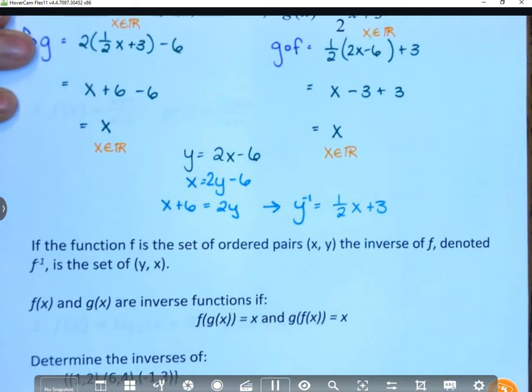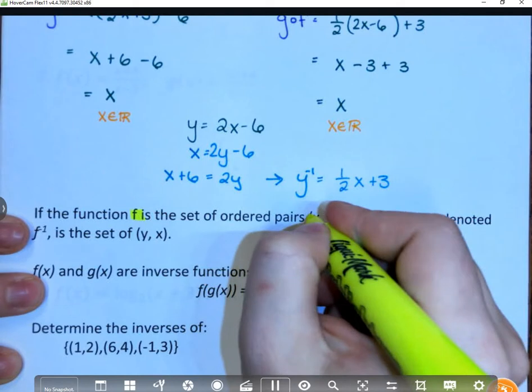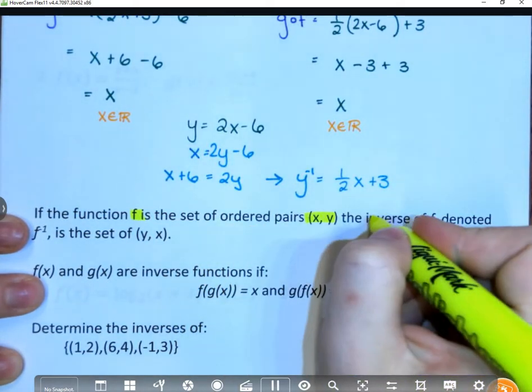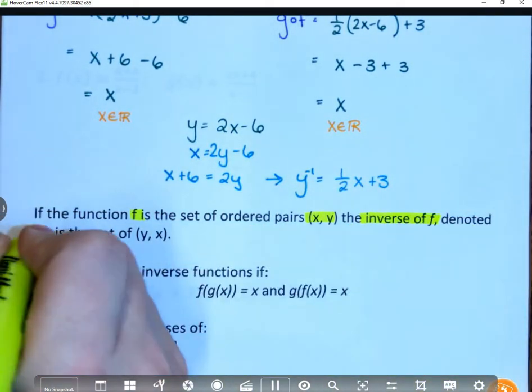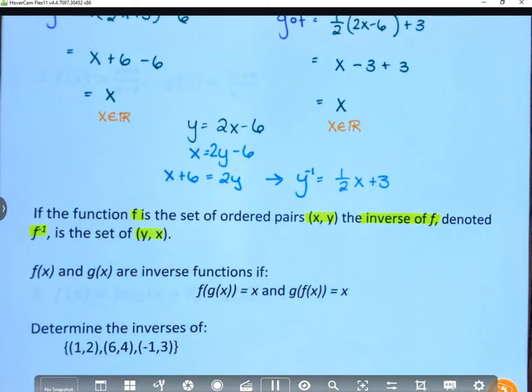So you can think about it a couple of different ways. If f is xy, then the inverse of f, which we call f to the negative 1, is just yx.